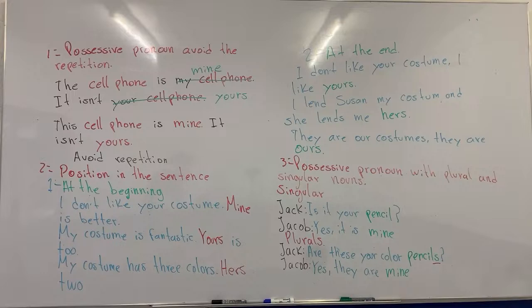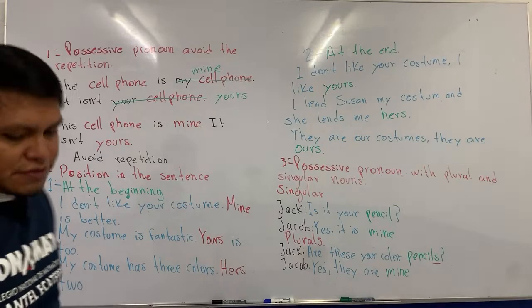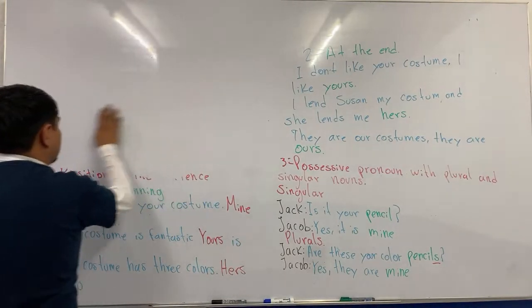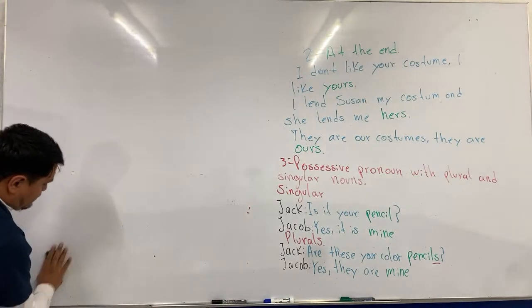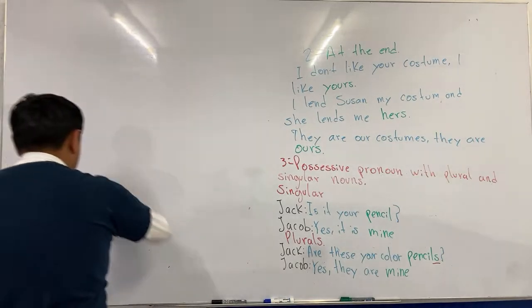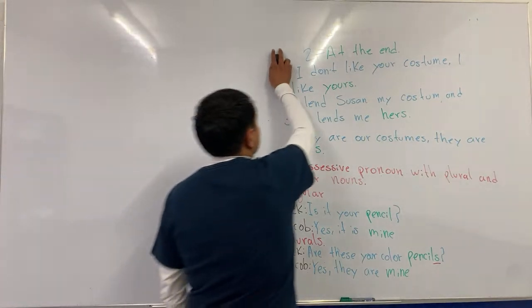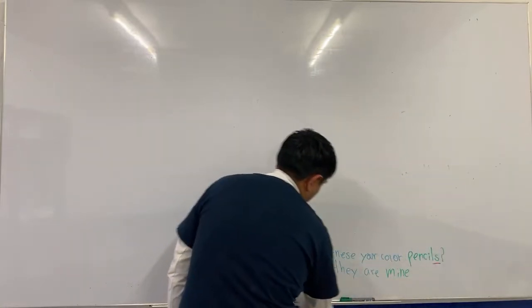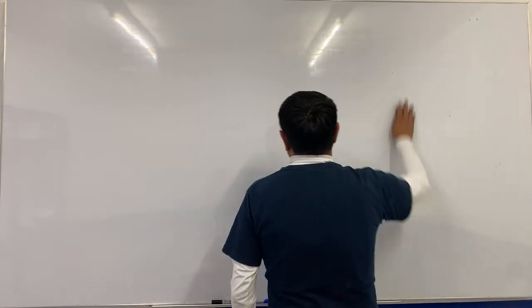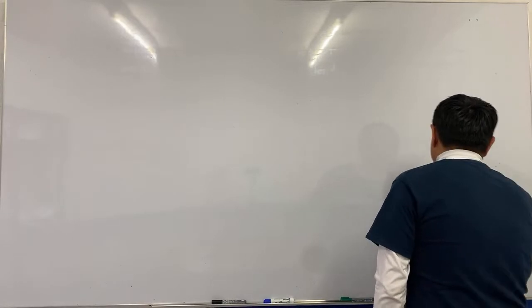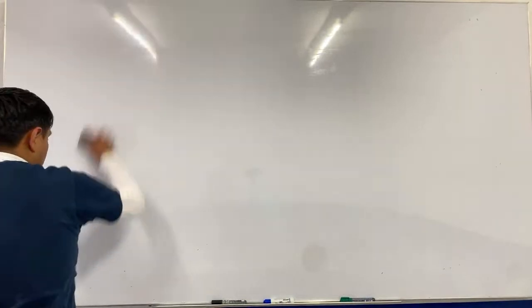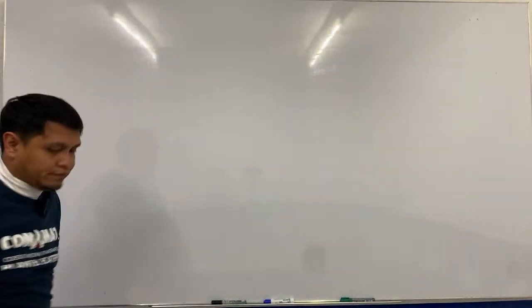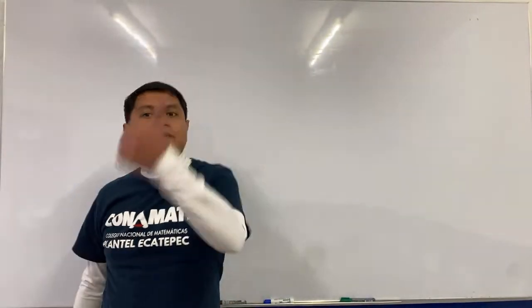Now, forms of the possessive pronouns. There are 7 possessive pronouns, so be careful. The first person singular.